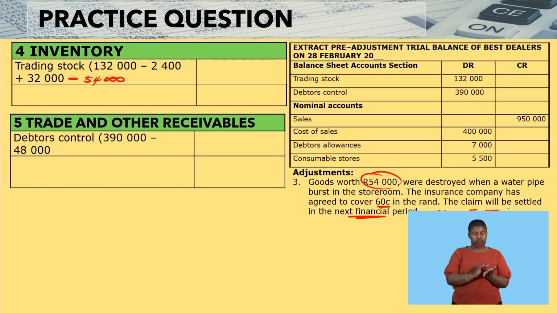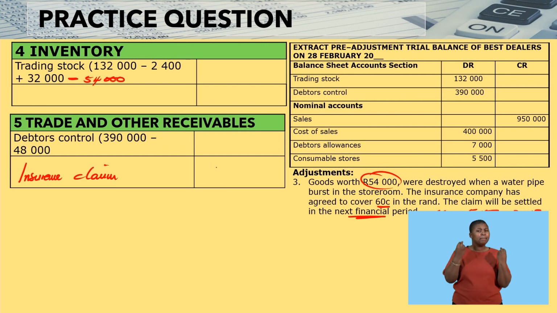Please punch that in your calculator. You get 32,400. So I'll come here on my trade and other receivables now. I will now say there is money that we will receive from the insurance, so I'll call it insurance claim.